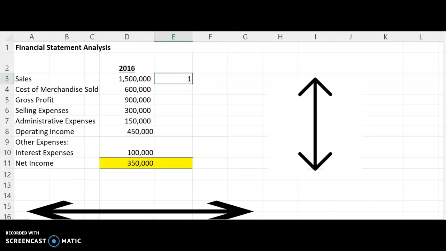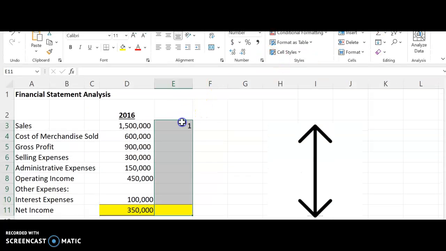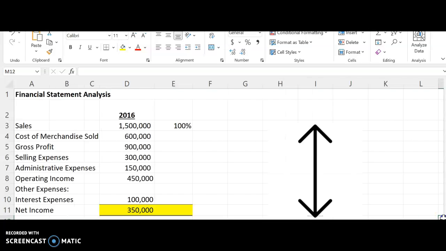I'm also going to change the format, so go up to your Excel functions here and press percent. Now it will be as a percentage. So let's copy our formula down.